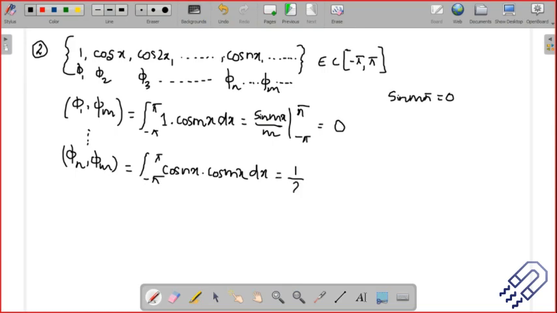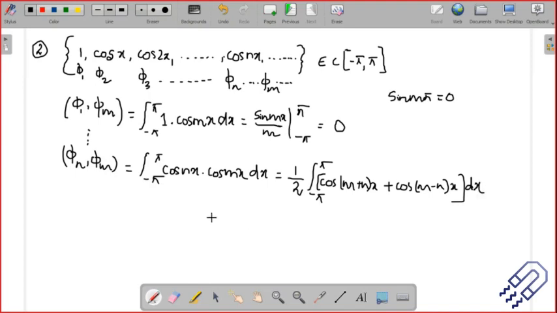What I can do is expand it: cos of a times cos of b is half of cos of (a plus b) plus cos of (a minus b). So we have cos of (m plus n) x plus cos of (m minus n) x, and then take the dx of that.